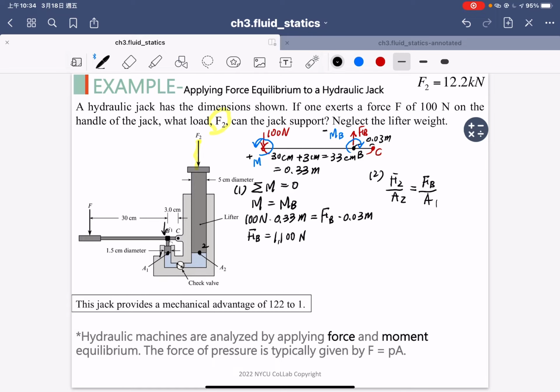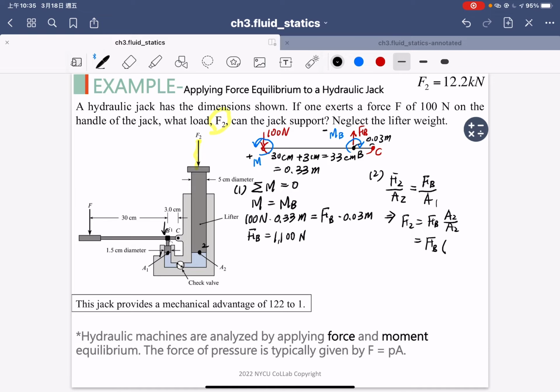We already know the FB value, and we can rearrange the equation. F2 is equal to the FB force multiplied by the ratio between the two cross-section areas. The figure already tells you the diameter of A1 is 1.5 centimeters, and the diameter of A2 is 5 centimeters. So you have the diameters, and you can replace the ratio between the areas by the diameters.